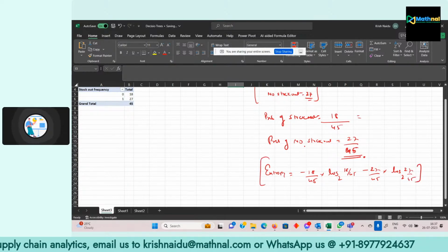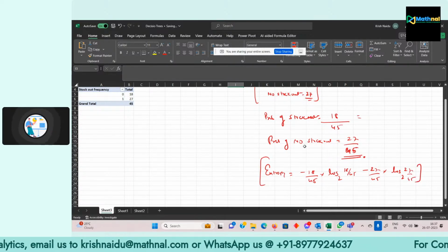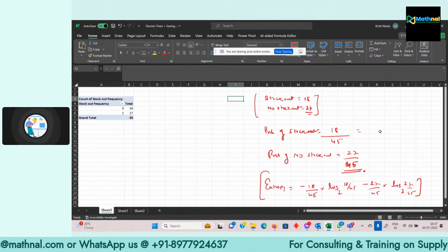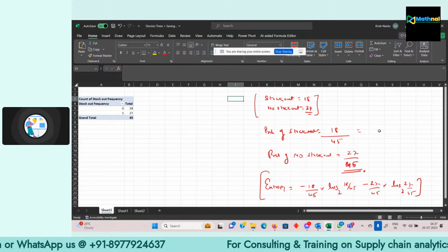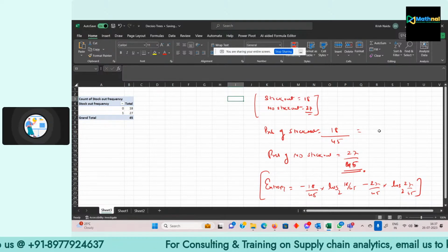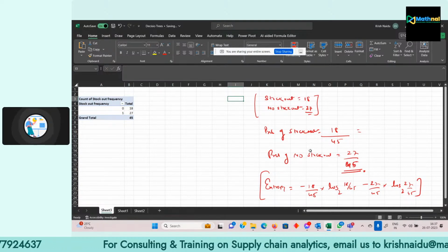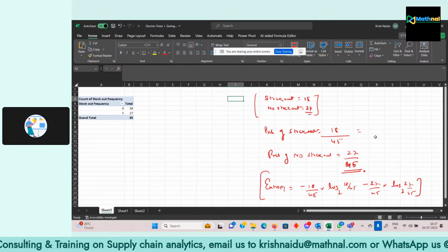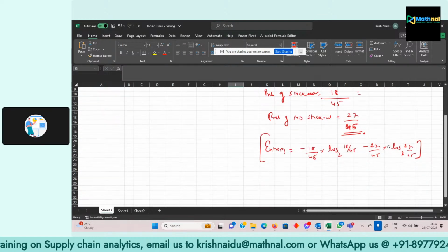I have explained how this formula is derived in the first session, so if you visit the first session, you will get how this formula is derived. That I have also defined there. So this is the formula of entropy.